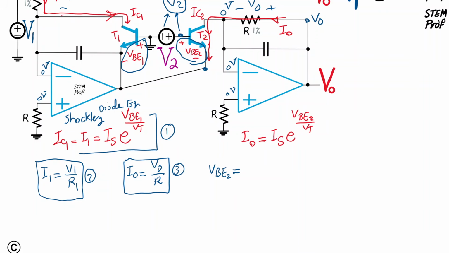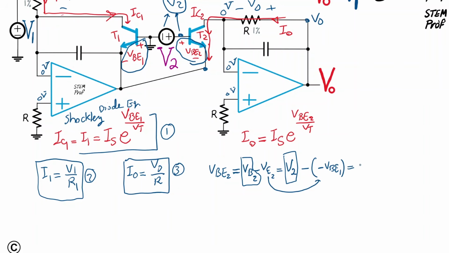So I can say VBE2 is VB2 minus VE2, and VB2 is V2, so that is V2, and then VE2 is just negative VBE1.